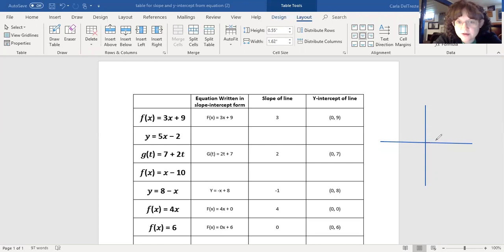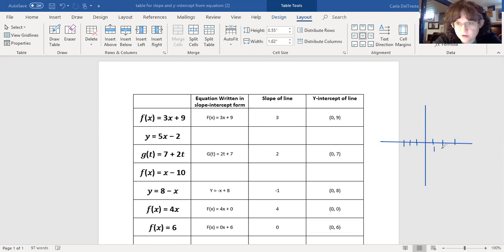I'm going to increment my x by 1 because this slope is really like 3 over 1. We can always put these over 1. So I'm going to increment my x's by 1s.